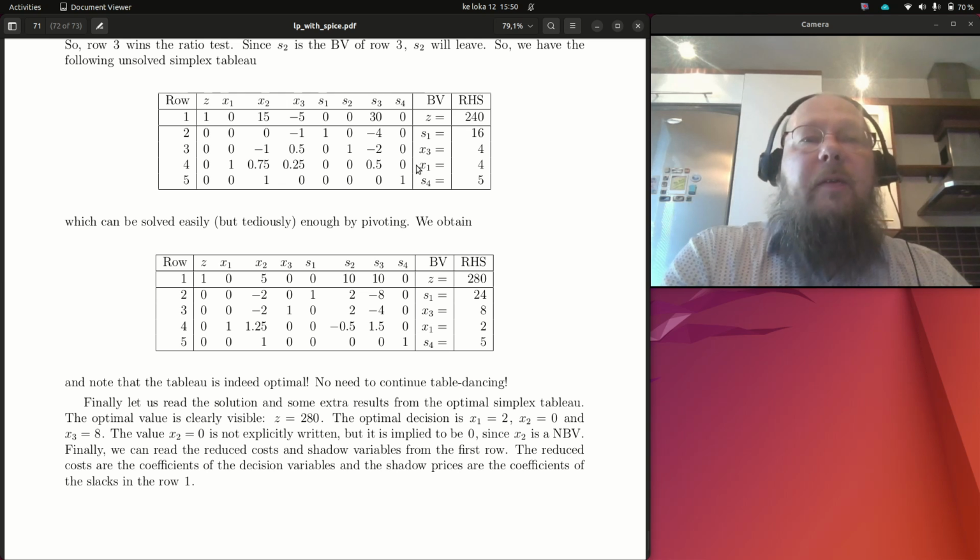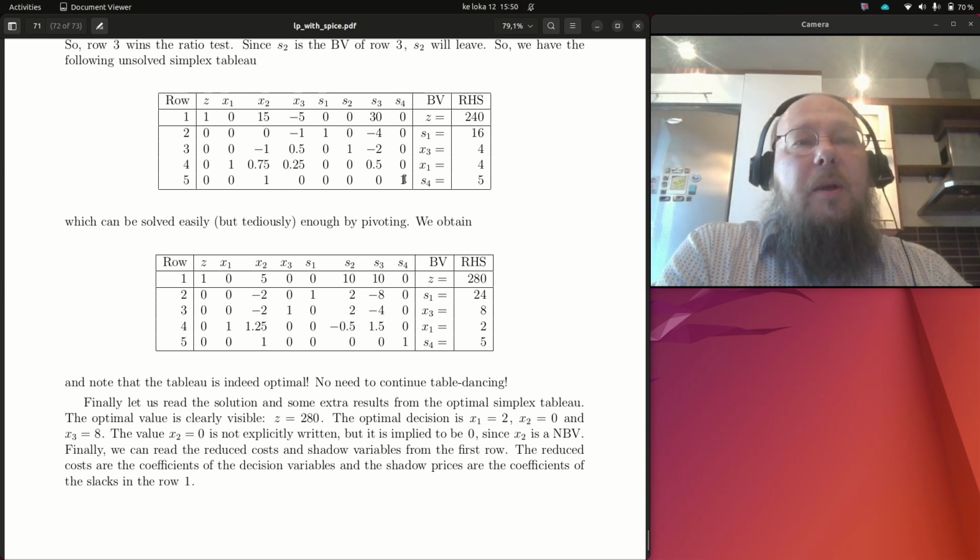We have to solve it for these basic variables. So all the previous ones are already solved. It's always the case. So S2 is like this, nothing to be done here. 1, zeros, okay. X3, that's the new one. It appears in many places, so we have to do something with that.